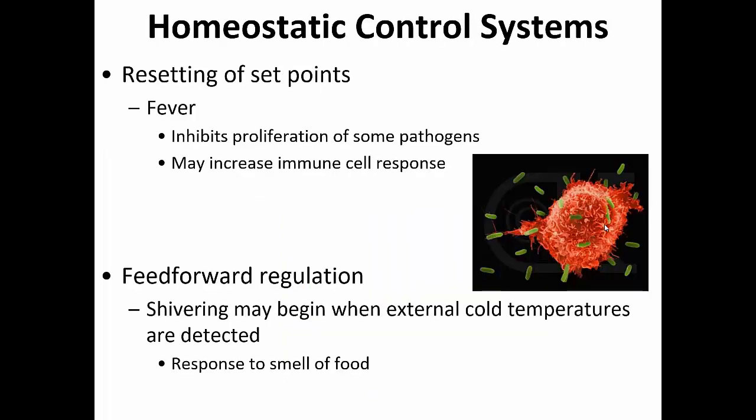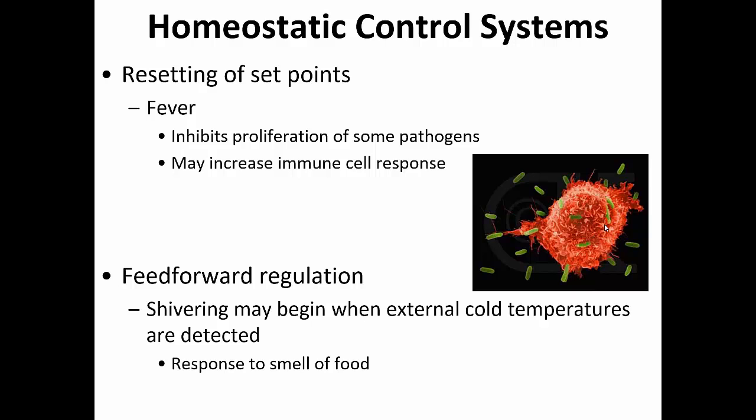Finally, we see that sometimes in human physiology, the set points that we talked about previously can be reset for one reason or another. That is adaptive. In other words, when I say adaptive, of course, I mean that it's beneficial for the organism. One example of this that we observe in human physiology is fever. In many cases, fever is adaptive because it allows the human immune system to work a little more efficiently at a slightly higher temperature.